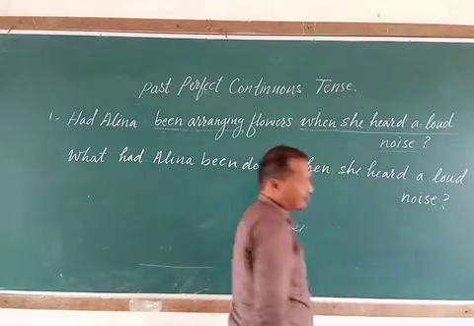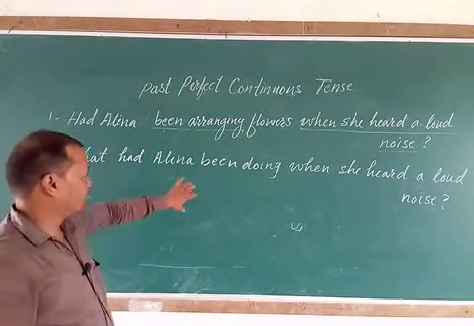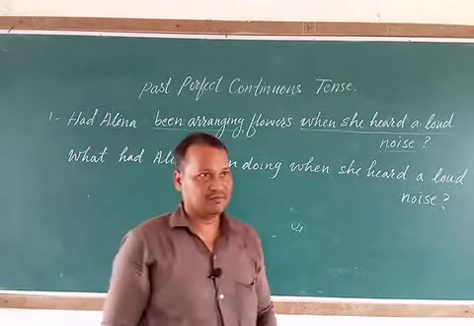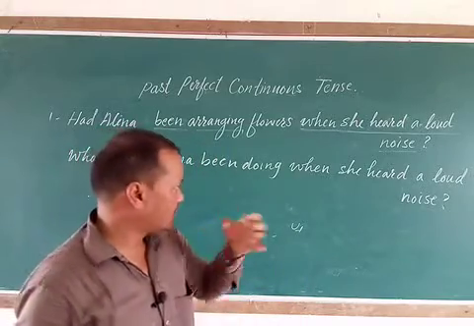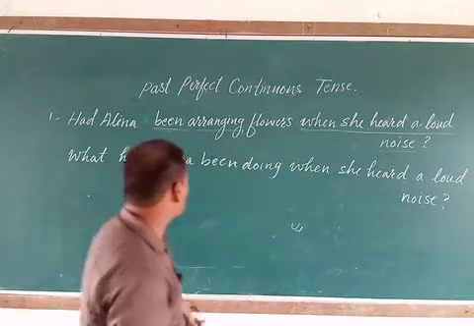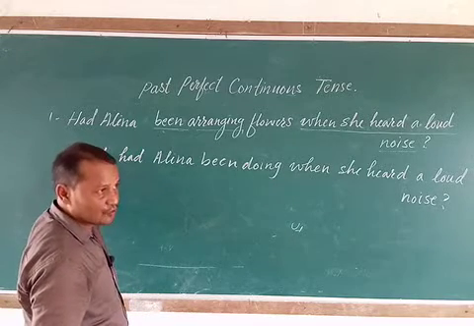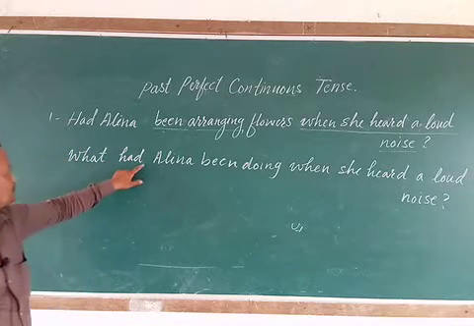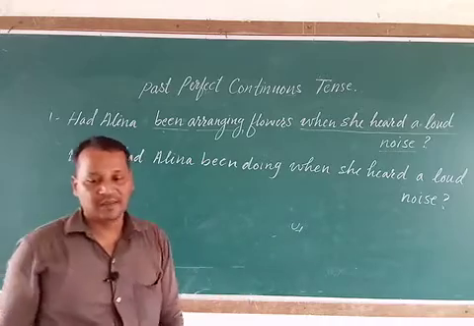It is an open question. What had Alina been doing? What was she doing at that time? She had been doing some work before that incident. So if we want to make an open question, we have to add the question word before had, the first helping verb.